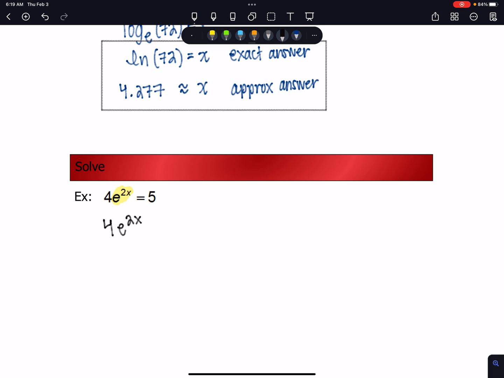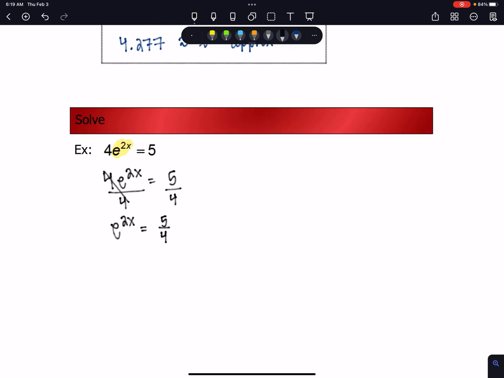I have to divide both sides by 4, and we get e to the 2x equals 5/4. Now we're going to write this in log form: log base e of 5/4 equals 2x.